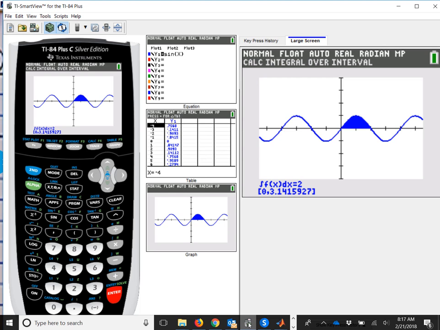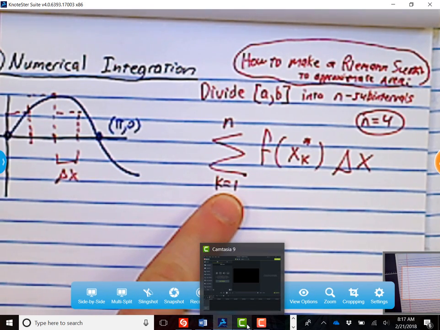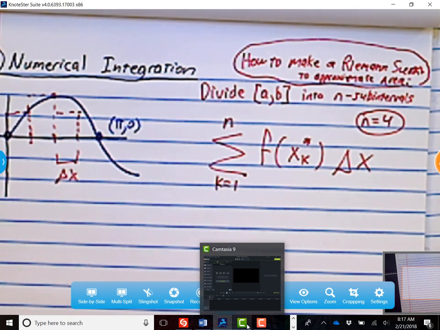The calculator doesn't take a limit. It doesn't do any calculus. But it does this, basically, with a bigger value of n. Because if you look at it, the calculator is very good at doing computations quickly, right?